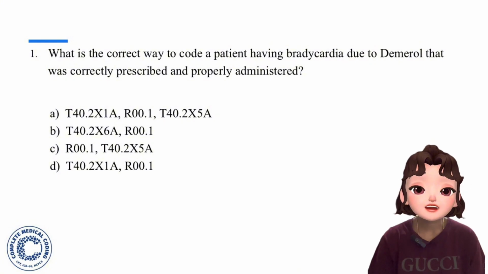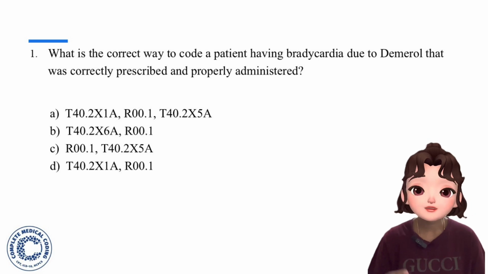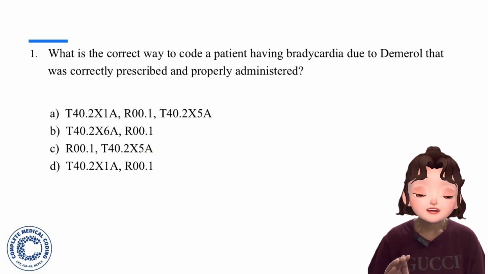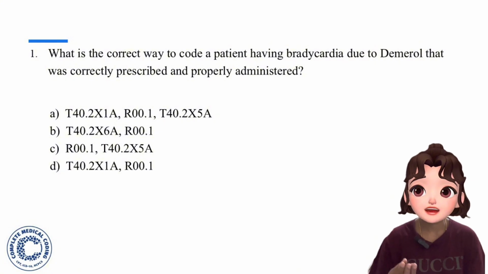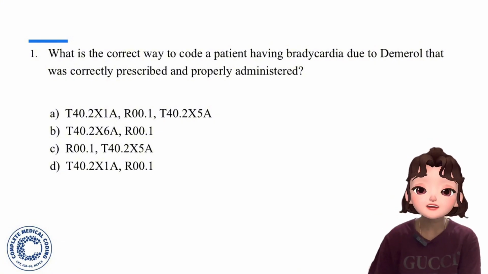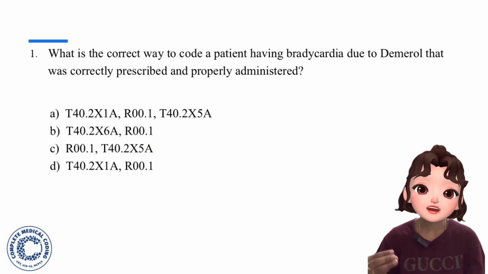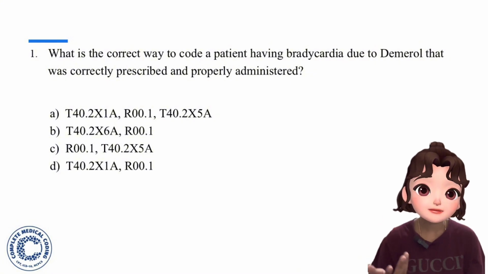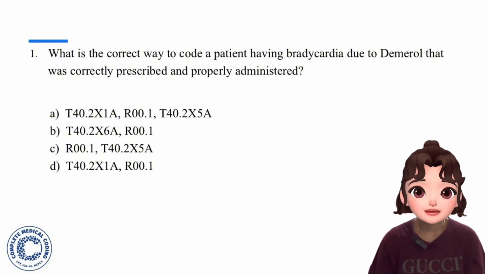We have to find out the correct way to code a patient who is having bradycardia due to something, due to medicine. Means the underlying condition is there, bradycardia is there, but it has been caused by what? That is also mentioned in the question. Demerol, it's a medicine which was correctly prescribed and properly administered. So what is the correct way to code that?